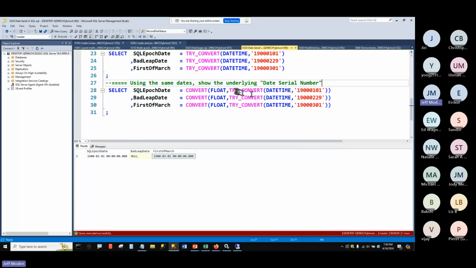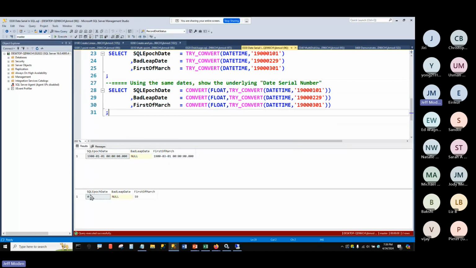If we try to convert these to float, obviously it's not going to do anything for this 229, but I left it in there anyways. So we're doing the exact same formula that we did above to convert to actual date times, and then we're converting those date times to float to see what the date serial numbers are.